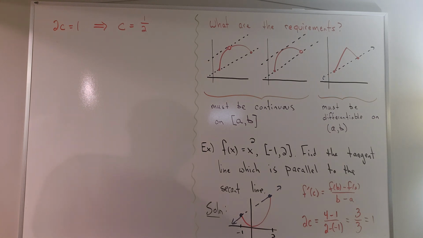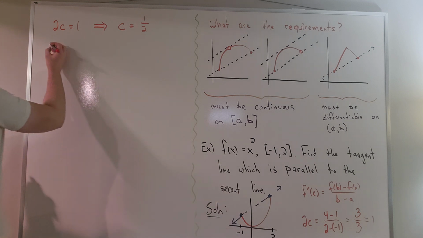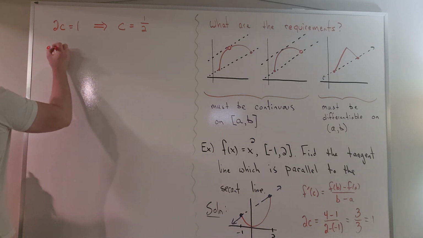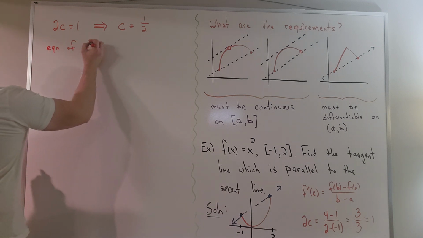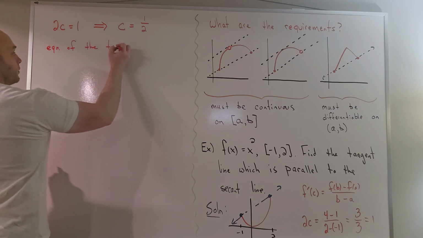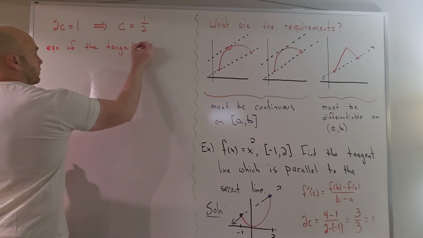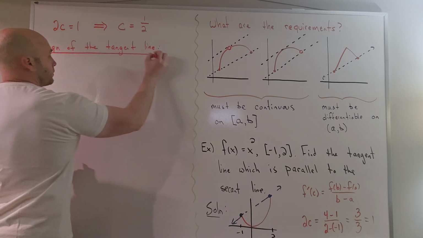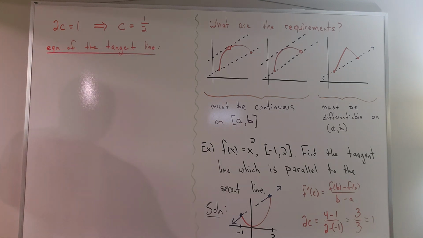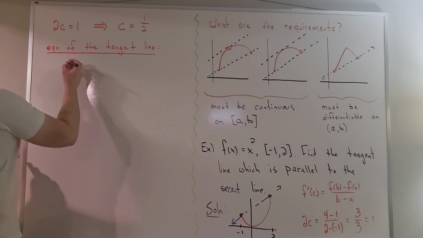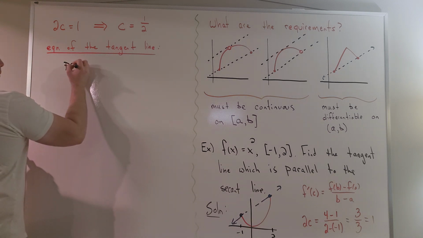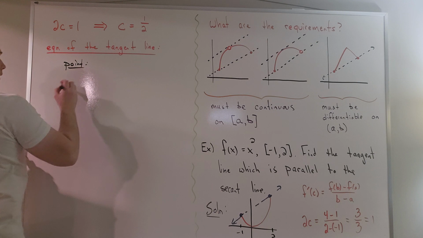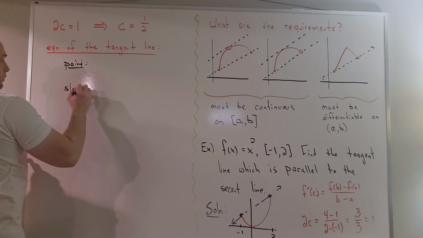Now for the equation of the tangent line. So just like with any other line, I need a point and I need a slope.